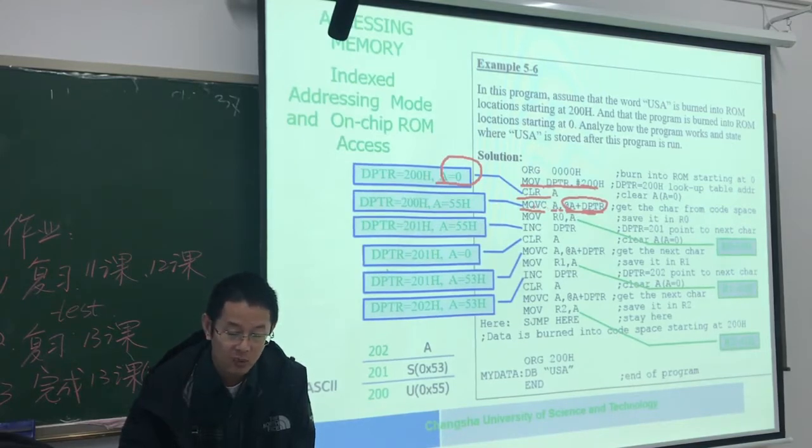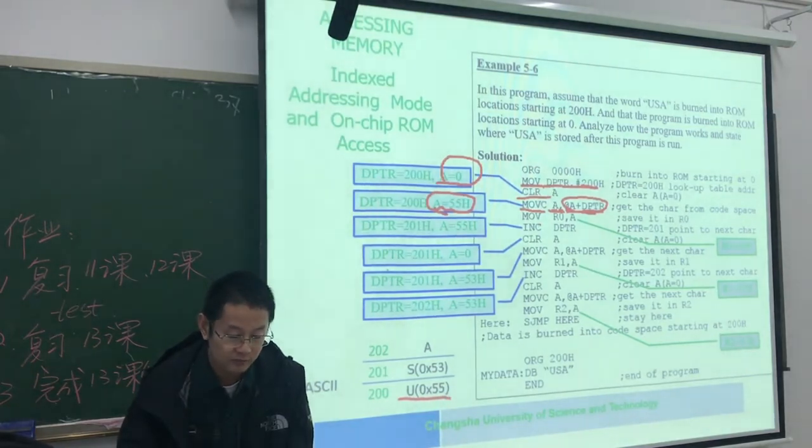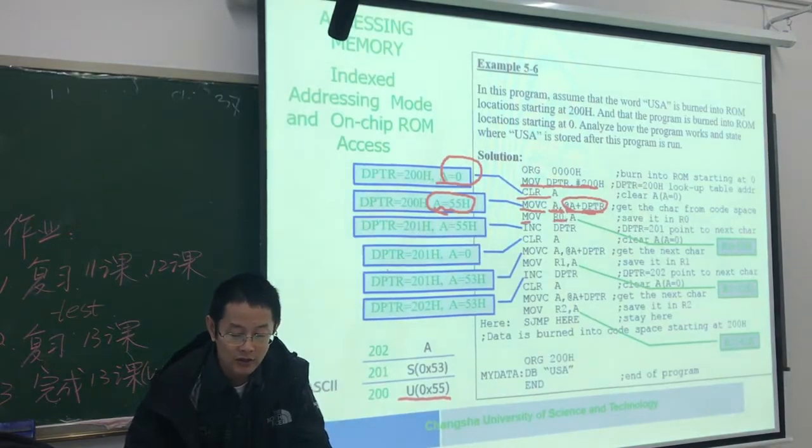So MOVC just gets the first number of the table to A. So you get A is equal to 55H. 55H is the ASCII code of U. So move A to R0, which means R0 is equal to 55H.